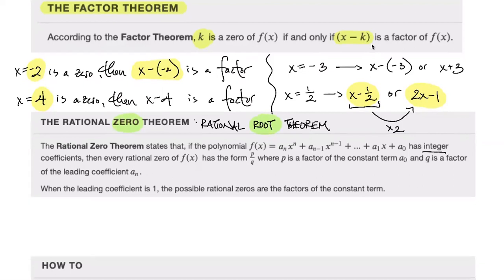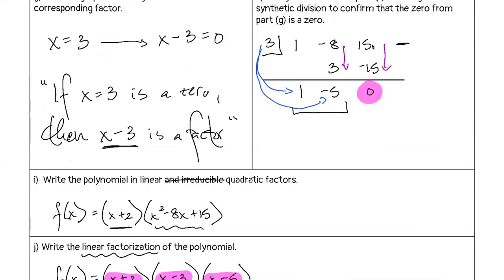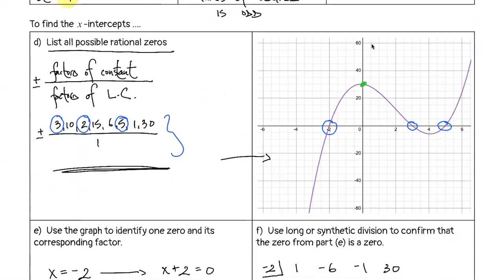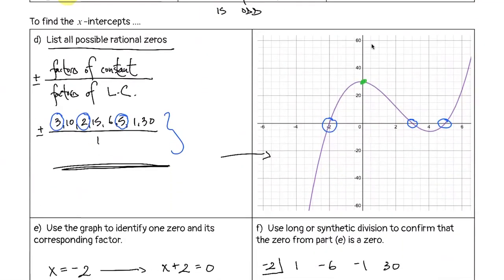And so that's what we did earlier on when I said, let's list out the possible rational zeros, okay? So the factors of the constant go on the top and the factors of the leading coefficient go on the bottom. All right. And together, this list plus the graph helps us choose wisely what zeros we want to try synthetic division with. Okay.